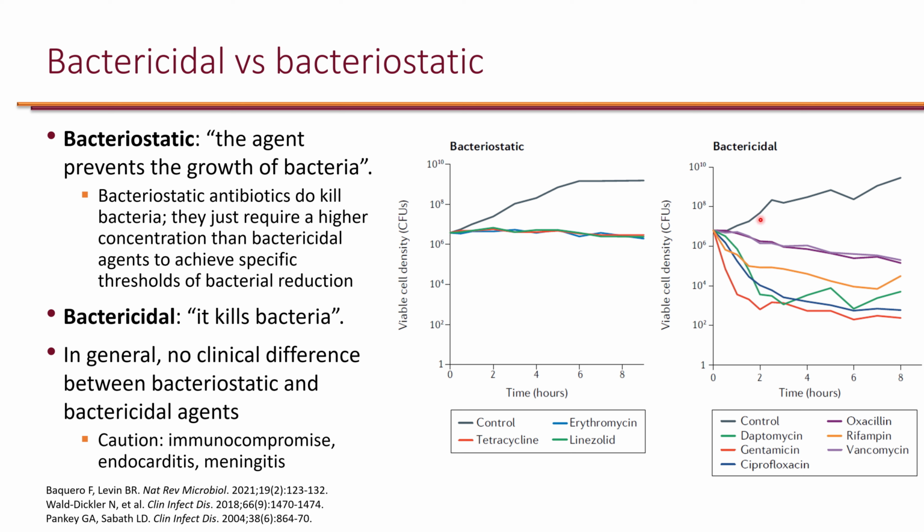So the theory is that if somebody is immunocompromised and they don't have the benefit of an immune system, it might be dangerous to just prevent the growth because there is no immune system to actually kill it. So you want to rely on bactericidal agents to kill as many of these as possible before the bacteria kill the patient.